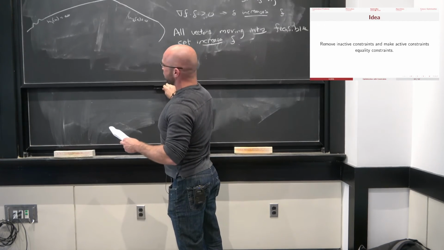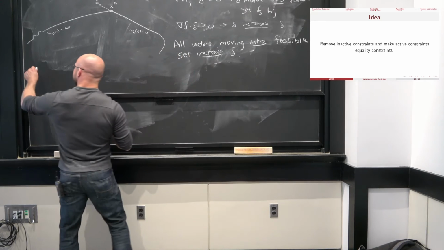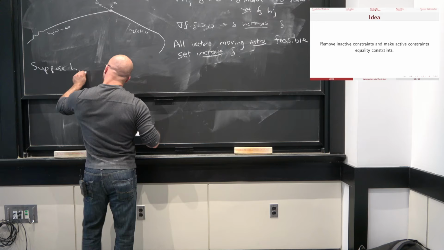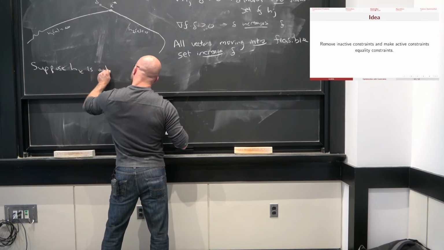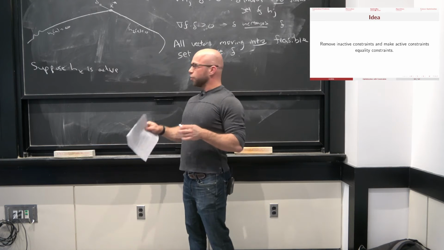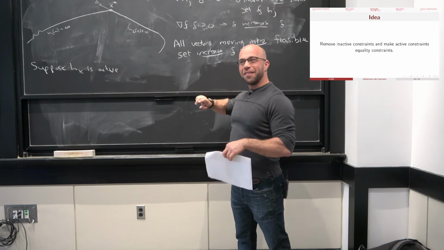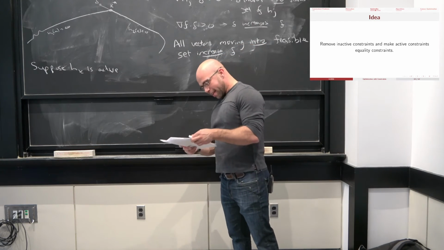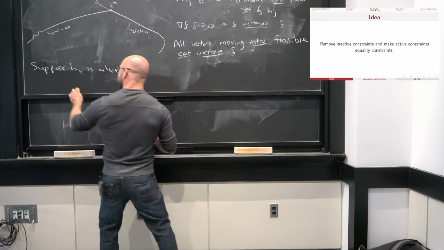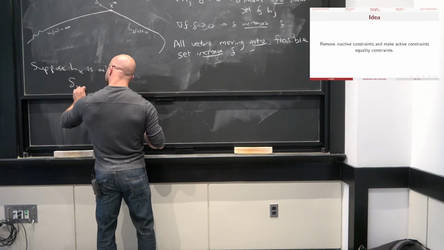So actually, let's continue this argument a little bit. Suppose the constraint k is active. We're going to derive a condition that tries to mimic this story here. In that case, we're going to define a really weird object, which we're going to call delta k.